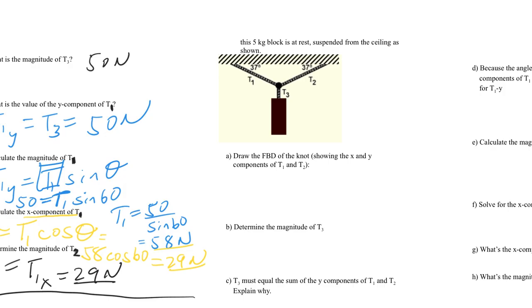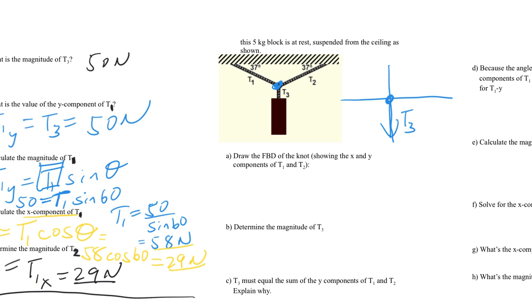Okay, for this problem, it's similar, but we got two slanted forces instead of just one. So let's draw the free body diagram showing the x and y components. Okay, so here we go. Make a cross. This guy is the knot. We got T3 pointing down.